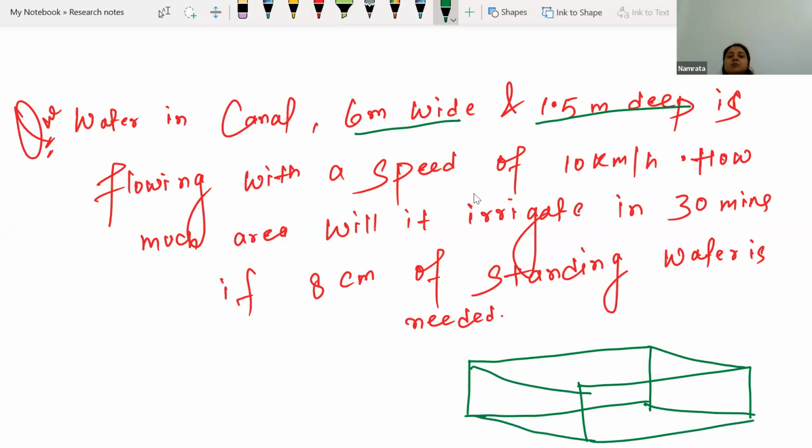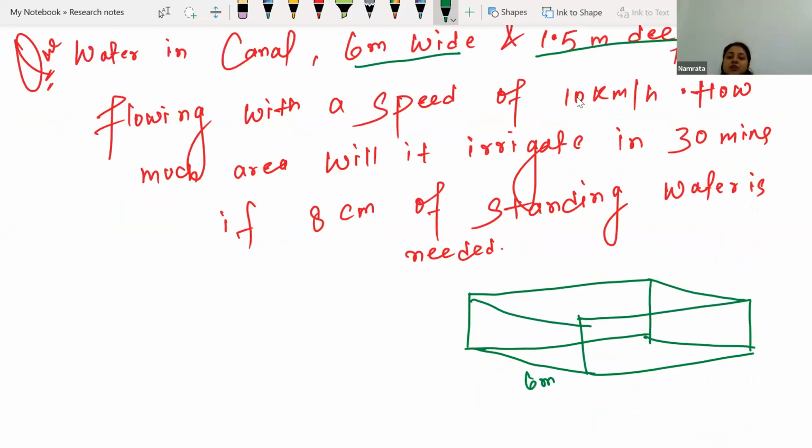This is the shape of the canal, where 6 meter wide means the width of this canal is 6 meter, and 1.5 meter deep means the height of this canal is 1.5 meter. Flowing with a speed of 10 kilometer per hour. So water is flowing over here with a speed of 10 kilometer per hour.